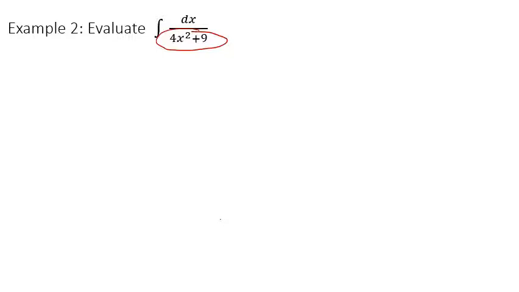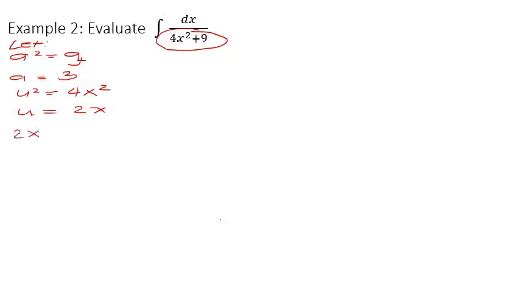So with this, we could let a squared is equal to 9, right? A is equal to 3, u squared is equal to 4x squared, and u is equal to 2x.